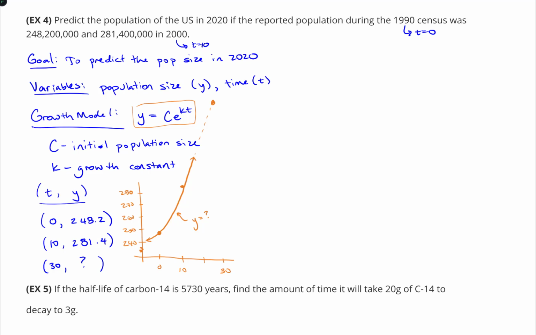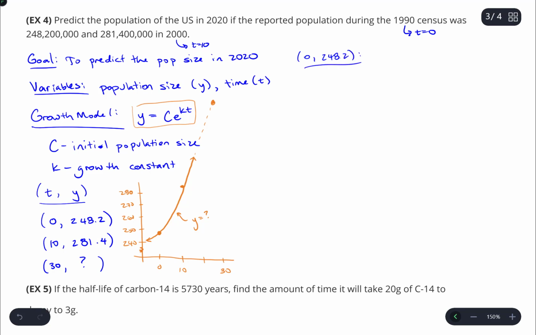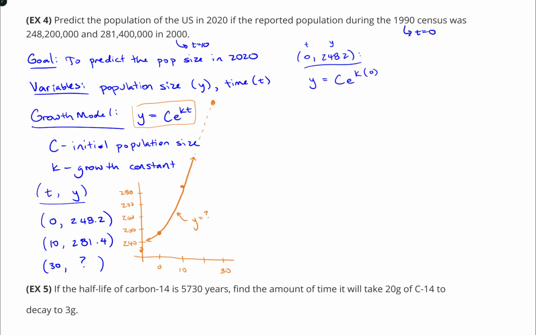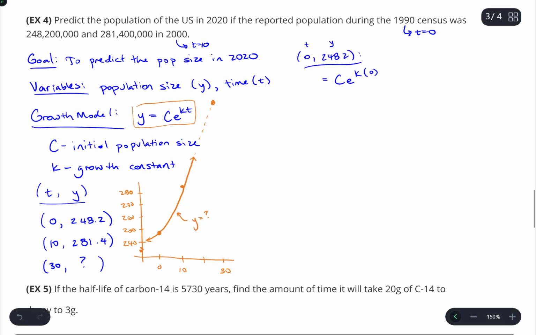So we're going to take this general exponential function and just fit it through those 2 points. If we want it to fit through the first point, we would just take the point 0, 248.2 and plug it in. Remember, this is a variable t and this is the variable y, so we would have y equals c e to the k times t, which is 0. And of course, y can be replaced with 248.2.